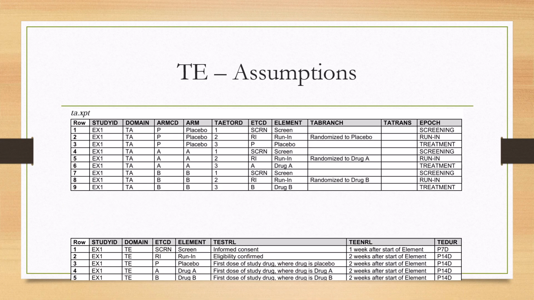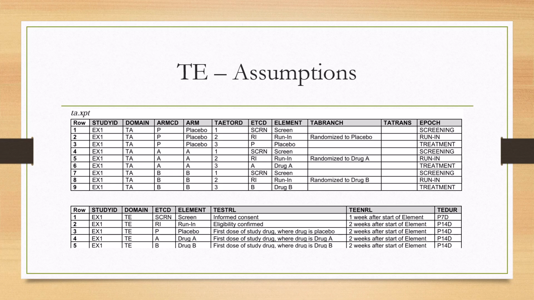Let's see the example where we were talking about how the trial element start rule should be independent of your arm and the epoch.